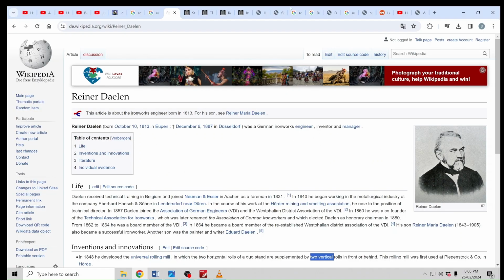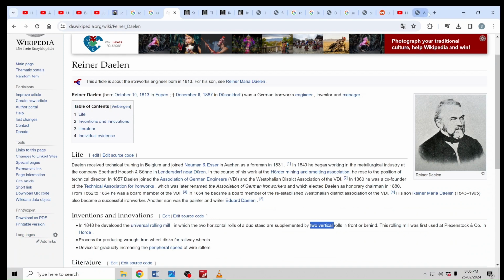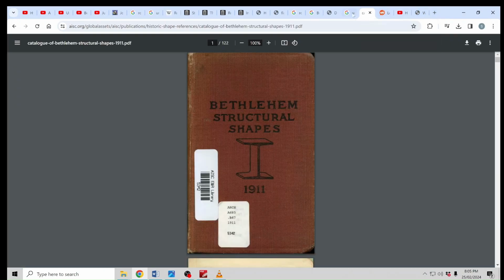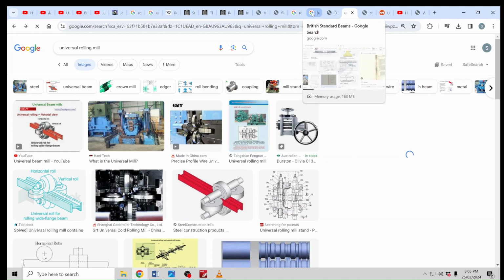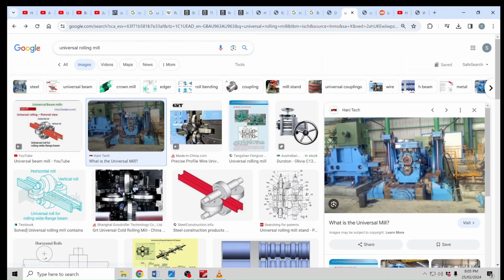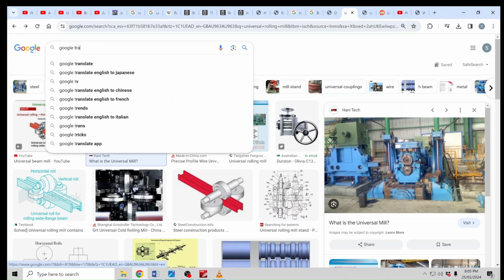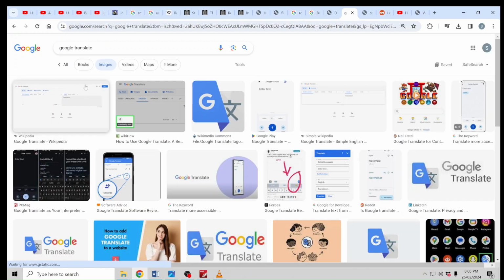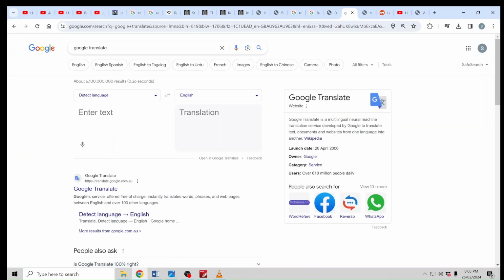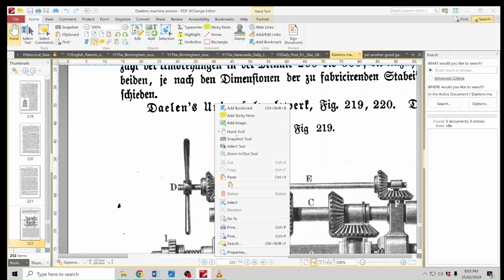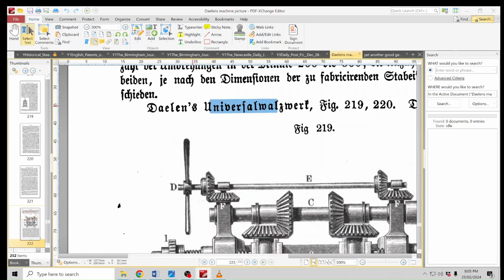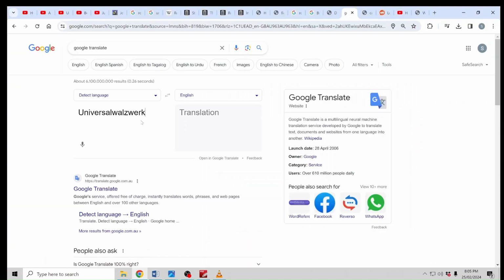And in fact, if we go to Google Translate, I believe if we type that in, Universal Rolling Mill. So that's pretty clear that that's where the name came from.